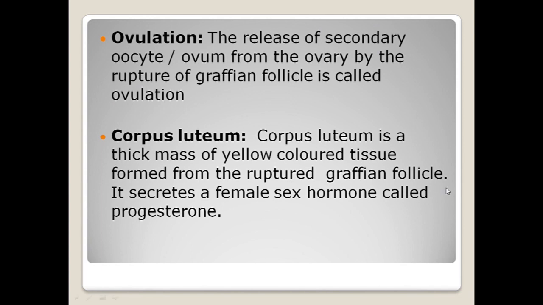Ovulation, the release of secondary oocyte or ovum from the ovary by the rupture of Graafian follicle is called ovulation. Next, corpus luteum. Corpus luteum is a thick mass of yellow-colored tissue formed from the ruptured Graafian follicle. It secretes a female sex hormone called progesterone.